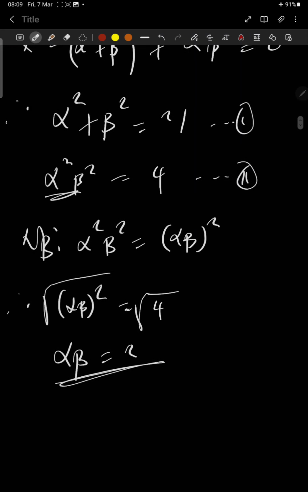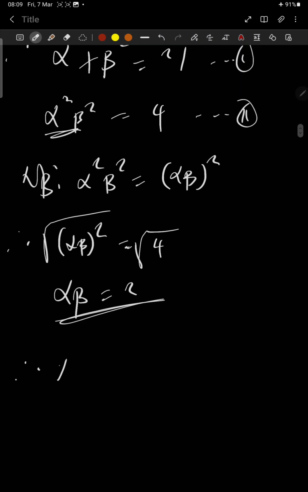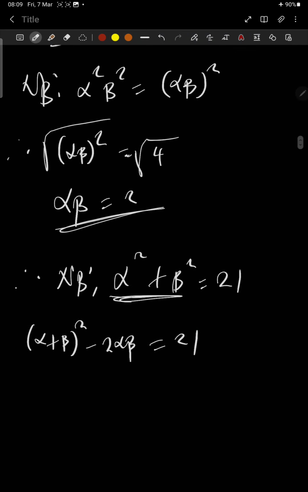Now, since you found alpha beta as 2, that's the first part. You can also find alpha plus beta. How are we going to find alpha plus beta? Note that alpha squared plus beta squared is equal to 21, and we know the identity: (alpha plus beta) squared minus 2 alpha beta is equal to 21. So where there is this, I'll replace the identity.